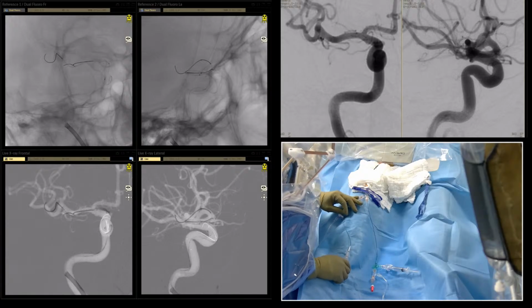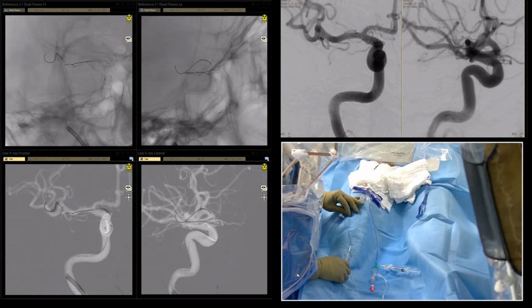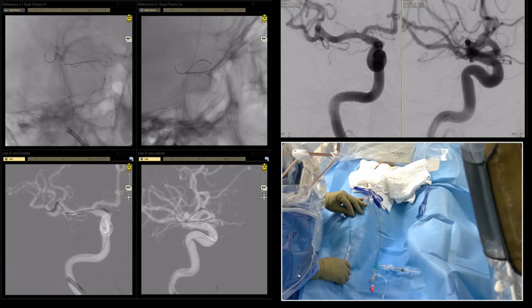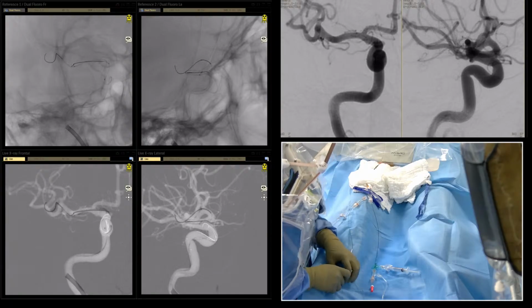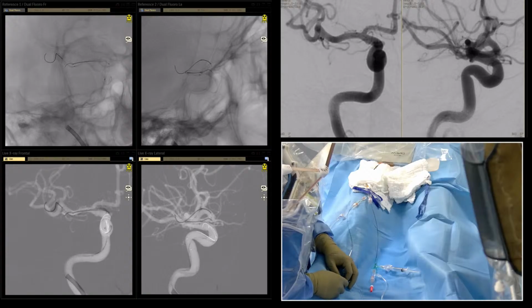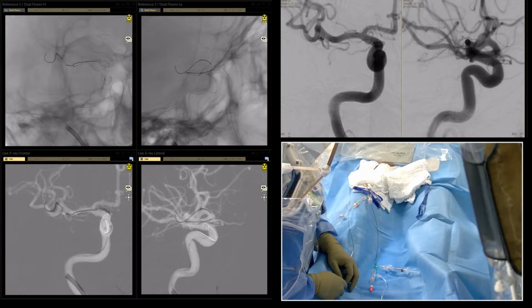Okay, now the wire is inside the aneurysm, and we should go with the microcatheter, which is Headway 17. I tried to rotate, but it's not all the time moving. It's not one movement. I'm trying to pull and it's going forward. I don't know why it's doing like this.